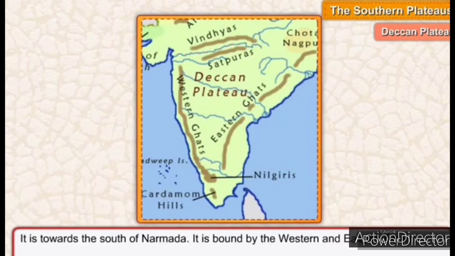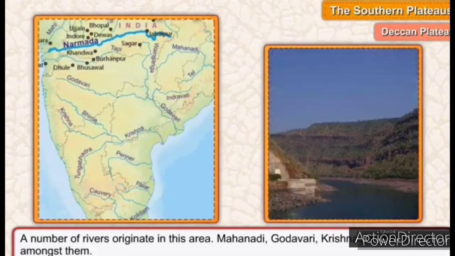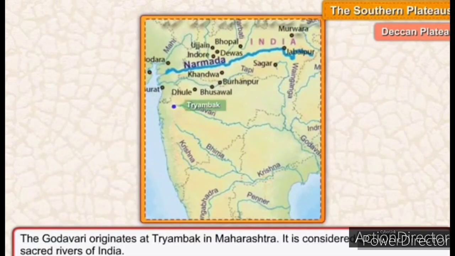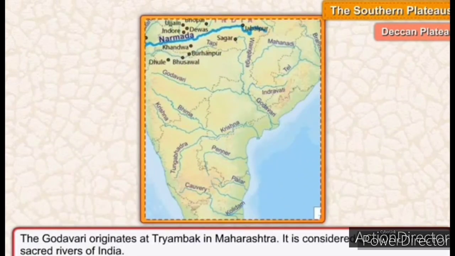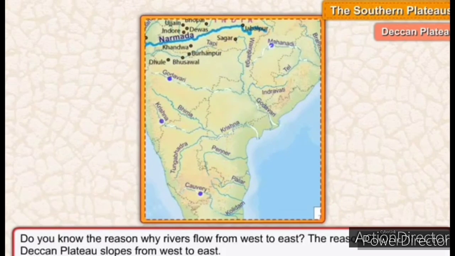The Southern Plateau is divided into two sections by the Satpura Mountains. To the north of the Satpura is the Central Highlands, while the region towards the south is the Deccan Plateau. The Central Highlands are made up of the Malwa Plateau and Chotanagpur Plateau.